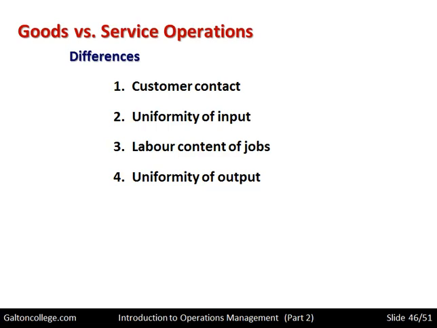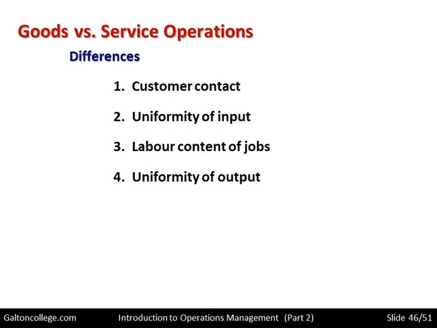So there are differences that creep into services. With haircutting, one person may want one style of haircut and the next person will have a different style. And it's for the barber or the hairdresser or whoever to have the capacity to satisfy that requirement. So it's a different output.